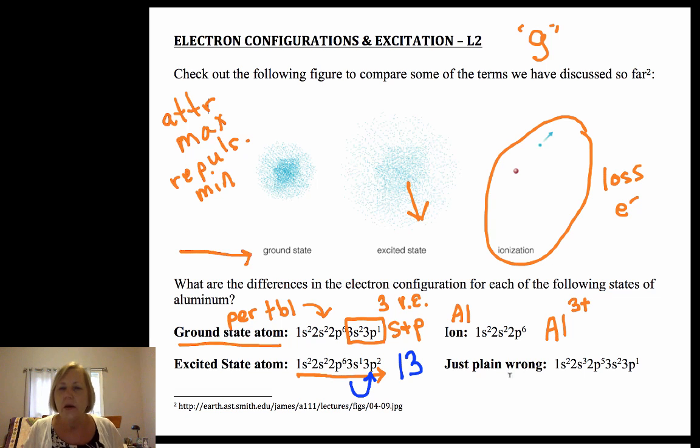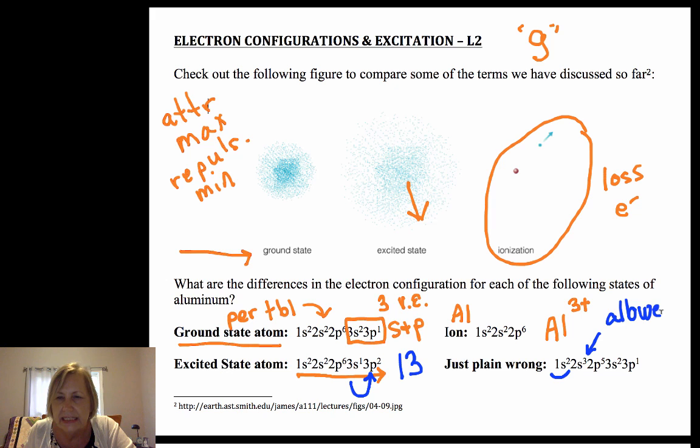Okay? Now, how about this next one? Could it be an excited state or an ion? Well, what you always want to look at is this. S can have 2 electrons, but you notice that S has 3 electrons in it. That is not, quote unquote, allowed.